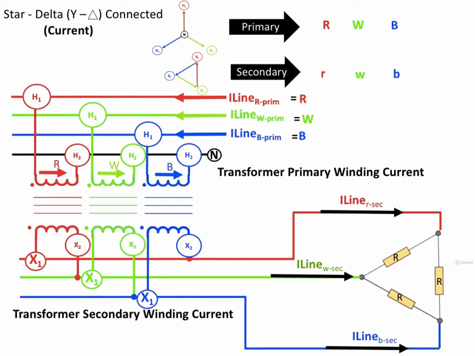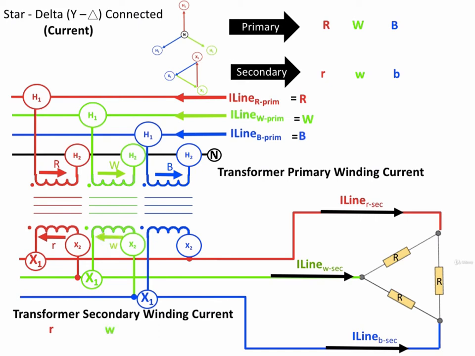Now on the secondary winding of the transformer, I'm going to call the current flowing in that winding lowercase r. Because the current is flowing into a spot on the primary, it's going to flow out of the spot on the secondary.